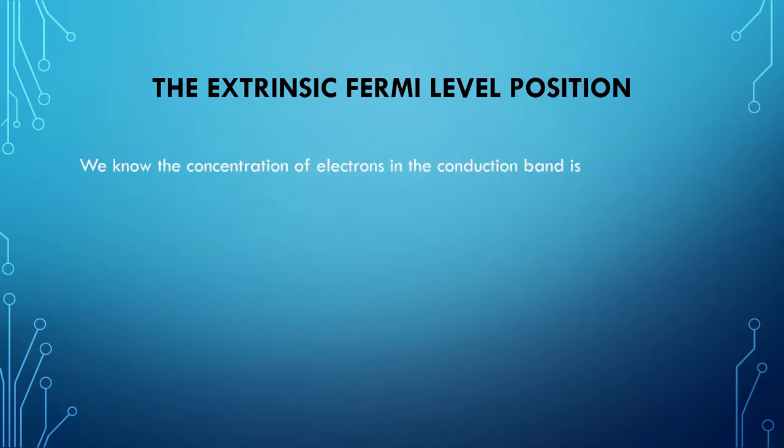So, we know the concentration of electrons in the conduction band. We already talked about this topic. N0 equals Nc e to the power minus (Ec minus Ef) divided by kT. That is equation 1.